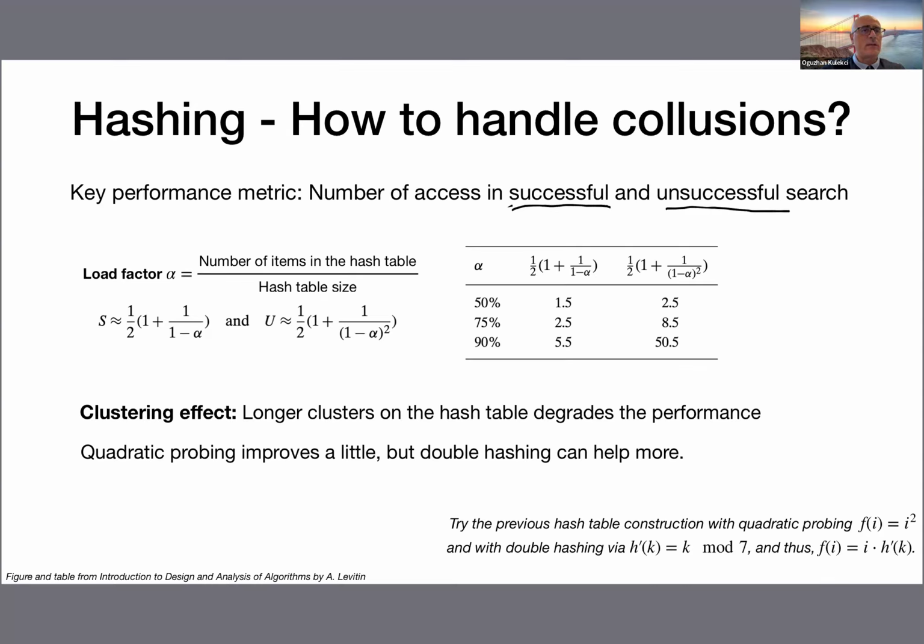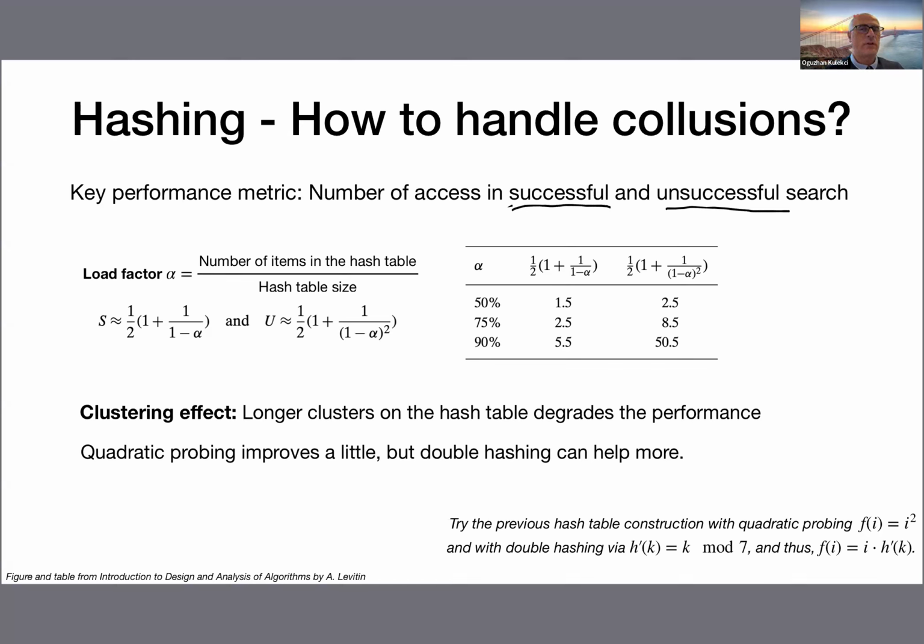I'm looking for something. Did I reach this item in one access, in two cells, three cells, four cells? Because I'm looking for something to be very fast. So one is the ideal if it is in the list.